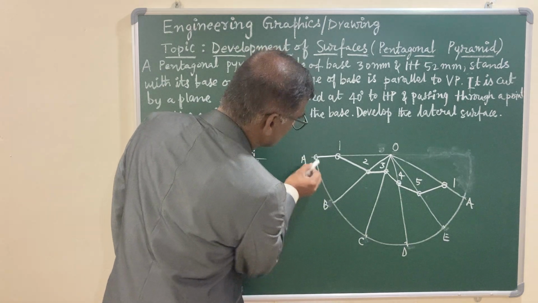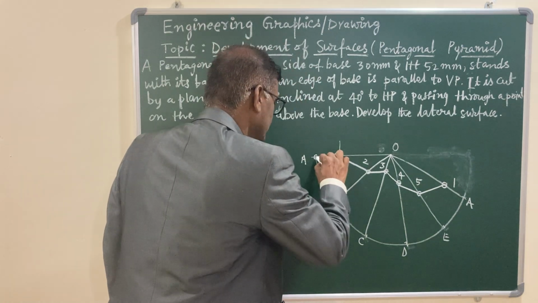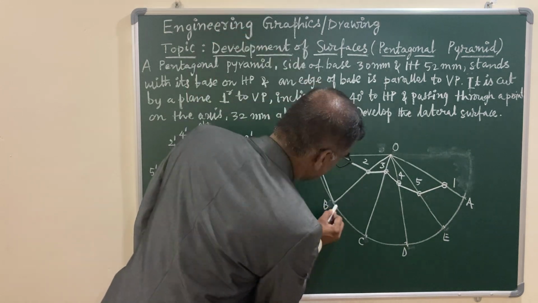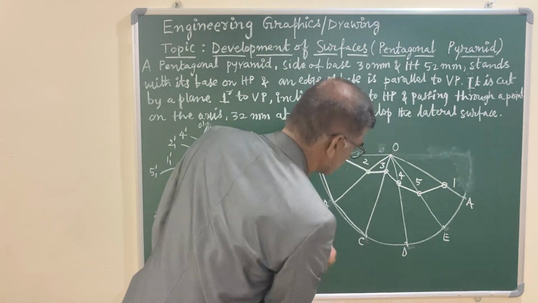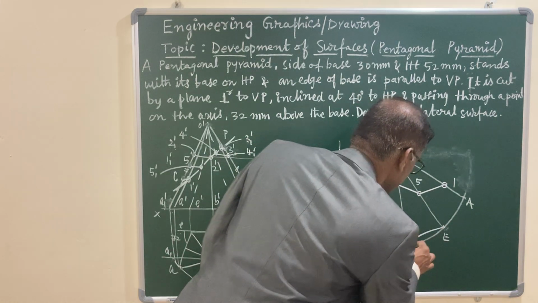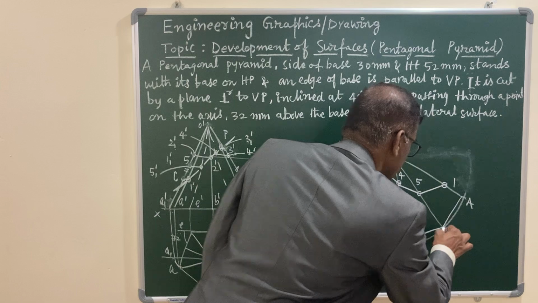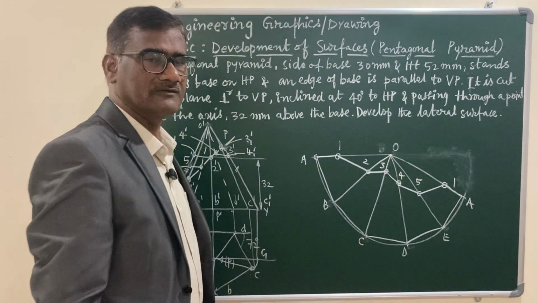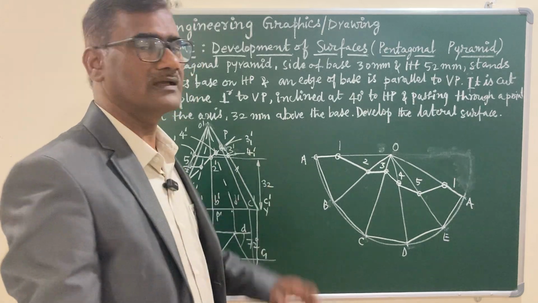So you can join AB with a straight line. This is your base edge. BC, a straight line with HB pencil. CD, a straight line. DE, a straight line, and finally EA. So this is your required development of surface of a frustum of a pyramid.